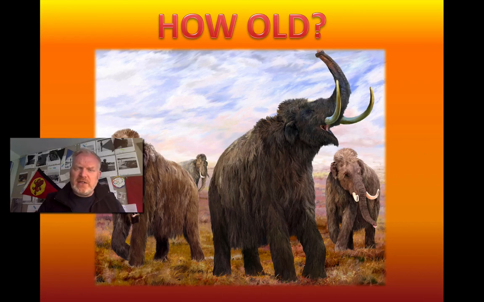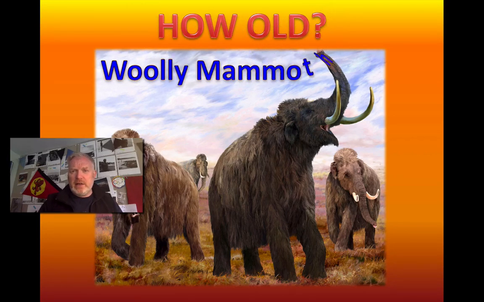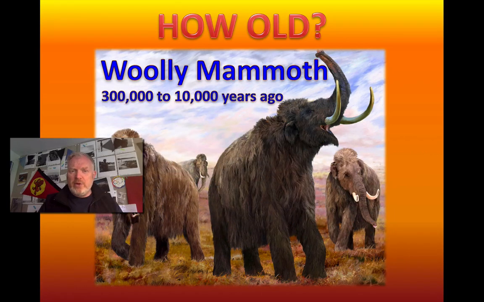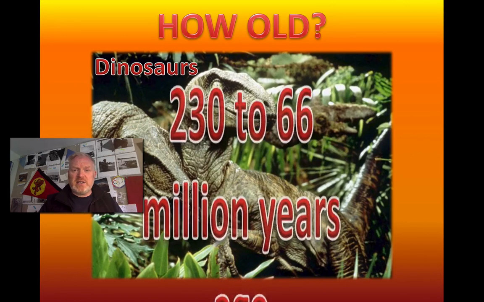How about things going back further into the geological past? Woolly mammoths. When were they knocking around the Earth? Well, maybe only about 300,000 to 10,000 years ago. Is that old? How about the dinosaurs? We know they became extinct 66 million years ago.